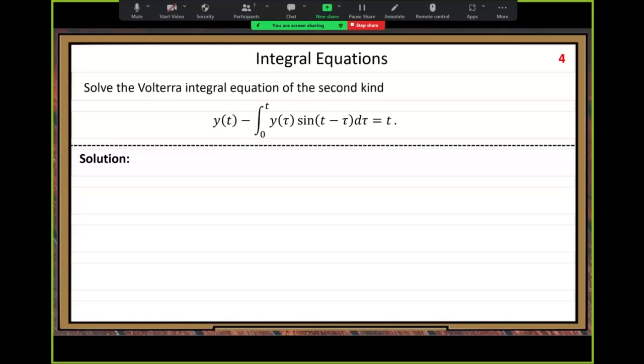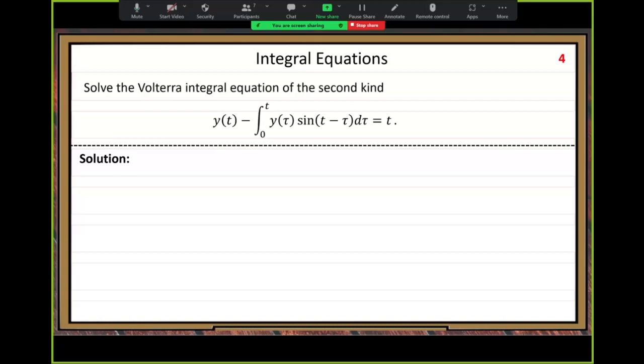But if you look at the special form of that integral, it matches the definition of convolution. This equation happens to use the structure of convolution, and that's something we like to take advantage of.